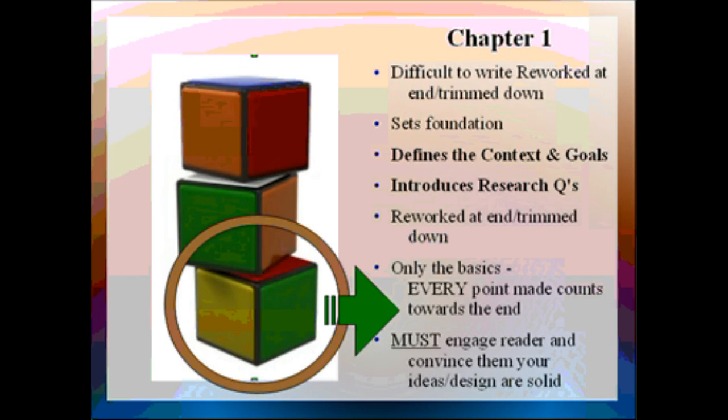If you give them too much, it gets boring, it gets convoluted, you don't quite understand where the author is going. So trim it down to where it gives exactly these things, especially, as I have in bold print, defining the context and the goals and introducing the research questions.